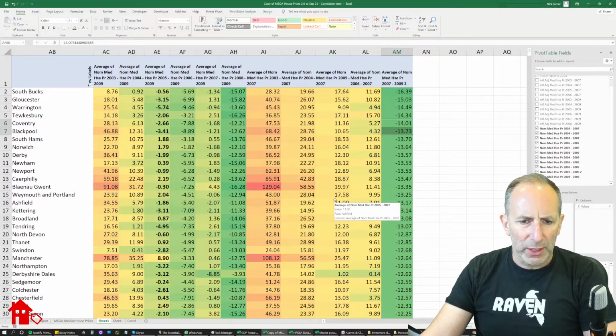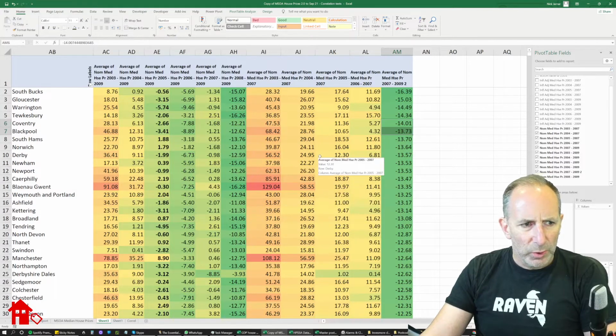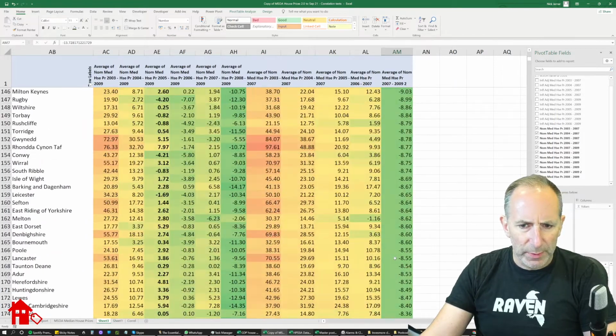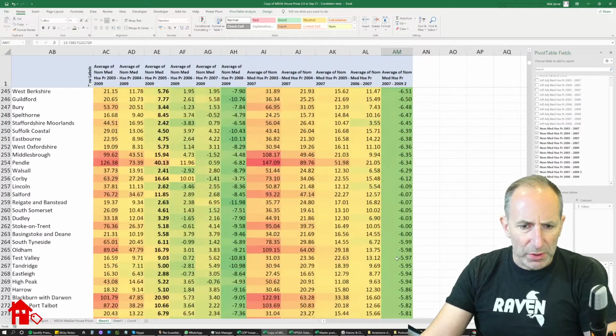And when the crash came, everything got frozen and essentially the market tanked. And what I think happened was that certain areas just got overbought, but some areas were poor, like Warrington, Coventry, Blackpool, good example, and they just plummeted because the market froze essentially.